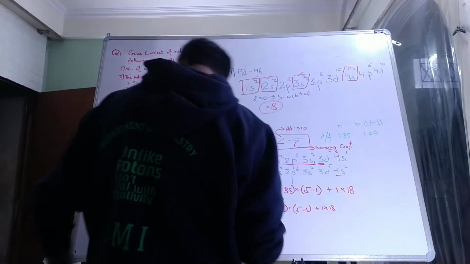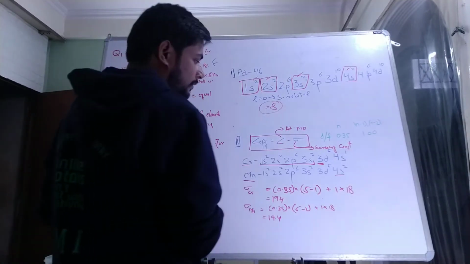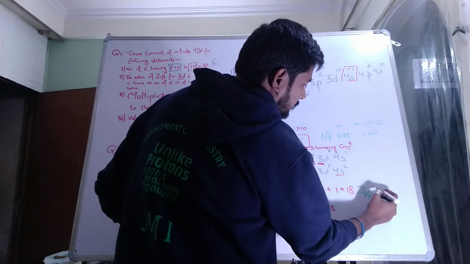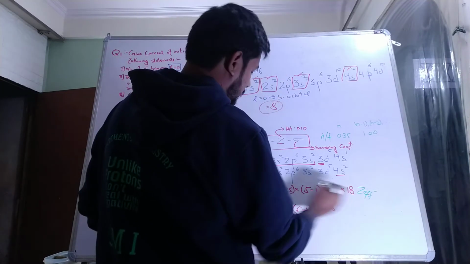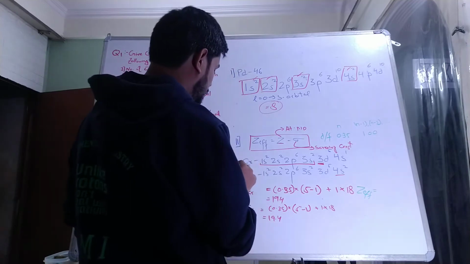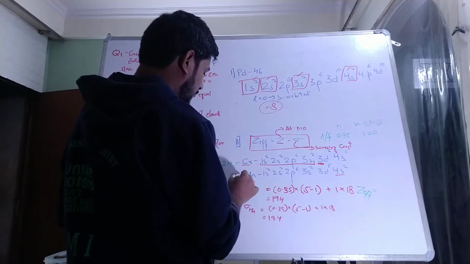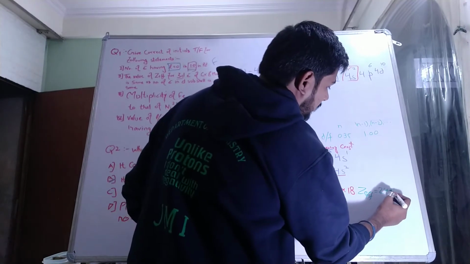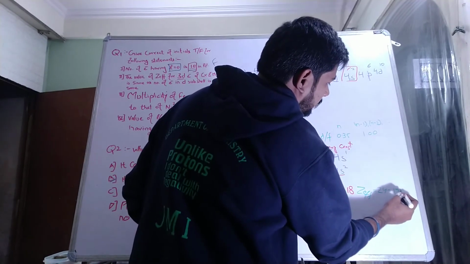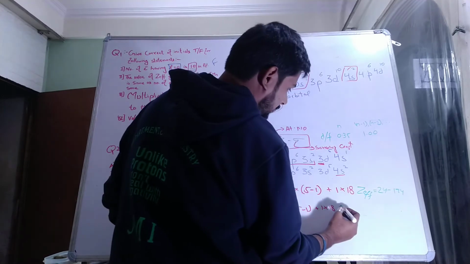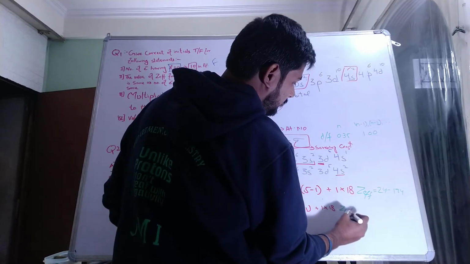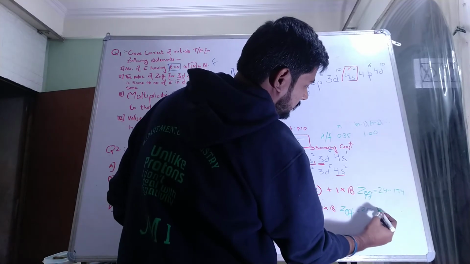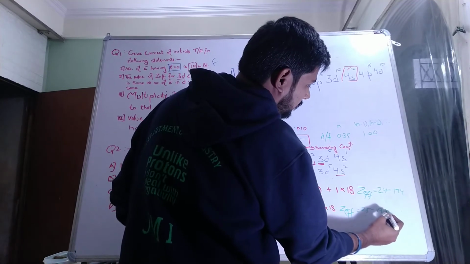For Z effective, Z is 24 and 25. So 24 minus 19.4, and for Mn Z effective will be 25 minus 19.4.